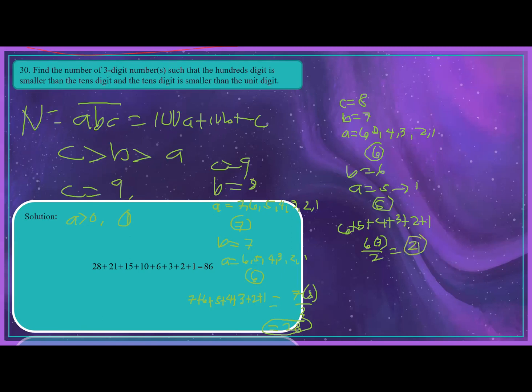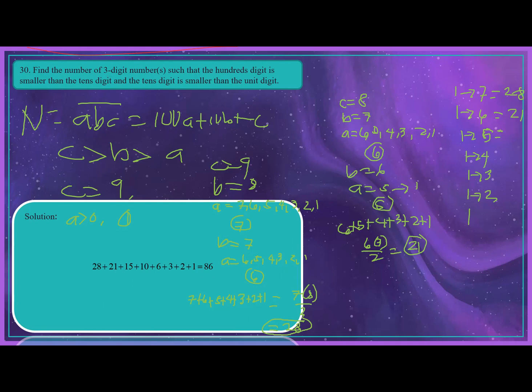Okay, so the pattern repeats: from 1 to 7, then 1 to 6, then 1 to 5, then 1 to 4, then 1 to 3, then 1 to 2, and 1. Here from 1 to 7, in total, this is 28. Then 21. Then when C equals 7, this means B is 6, and A would start from 5 to 1.